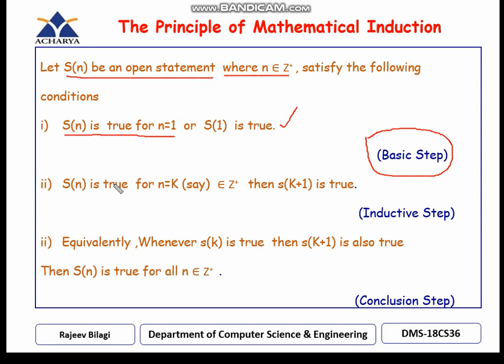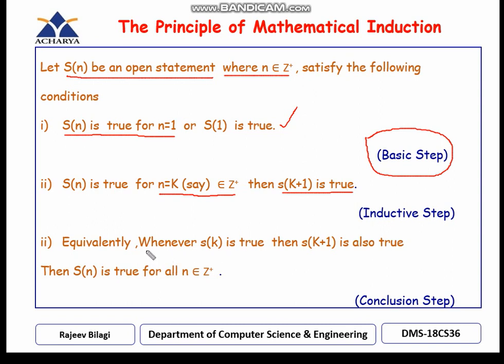Second step, we will assume that the given statement is true for n is equal to k, which belongs to Z plus. With this we are going to prove that the statement is true for S of k, and we are going to prove it for S of k plus 1.